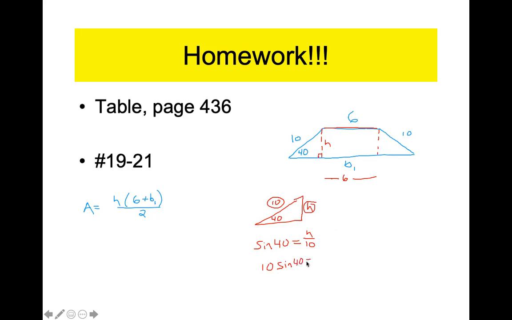Ben, you got your calculator handy? Or McKinley, either one. 7.45, which I rounded up to 7.6. All right. Not that I don't trust you, but I'm doing it myself too. 10 sine 40. And what did you get? 7.451131605. And you rounded that to? 7.6. All right.